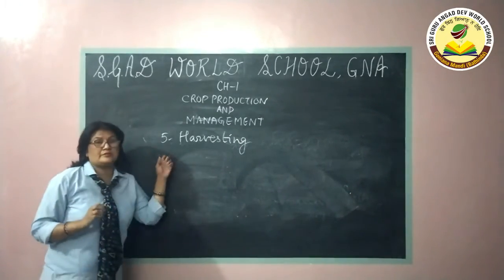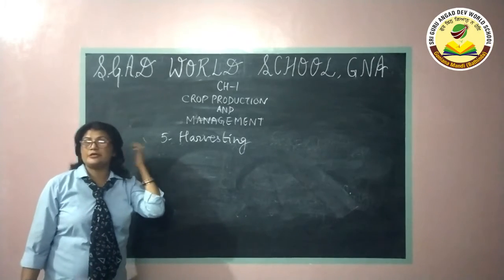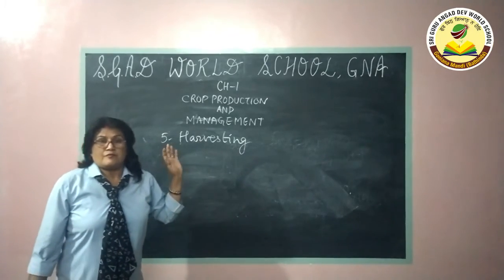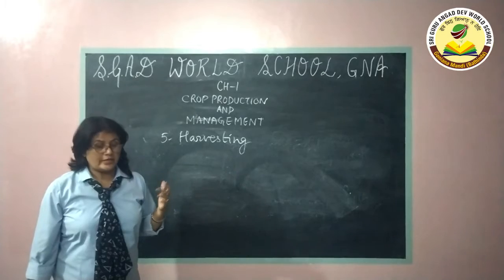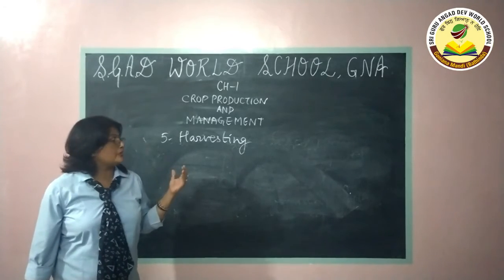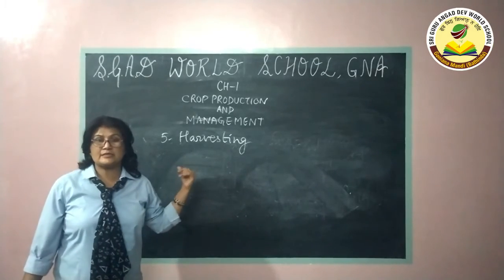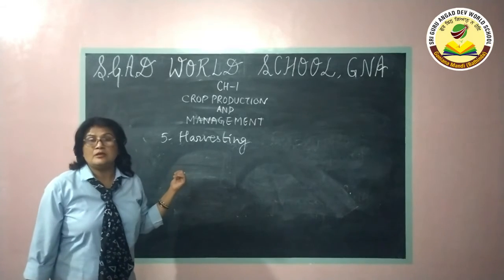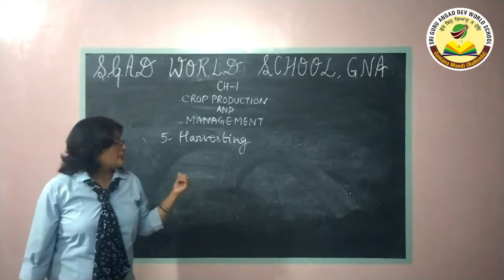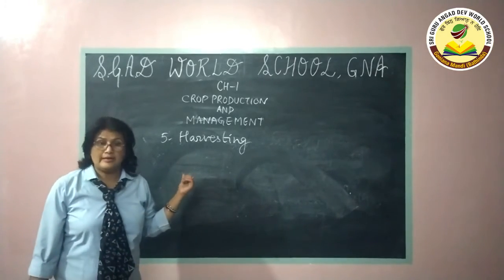By using these chemicals or pesticides, they should cover their face area, their nose and mouth area, so that they cannot inhale or taste these chemicals. It may be fatal for their health.